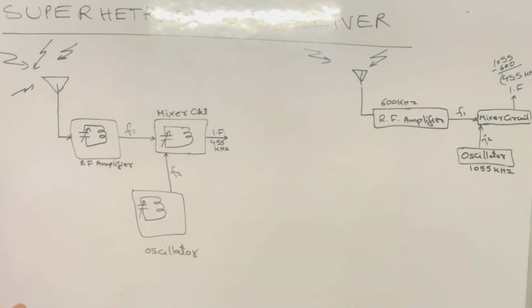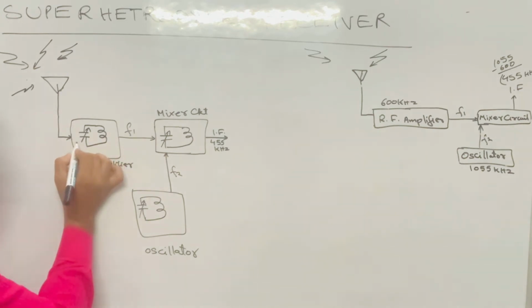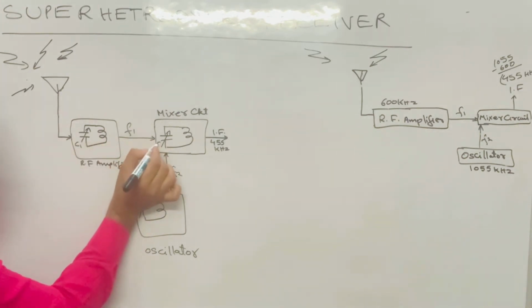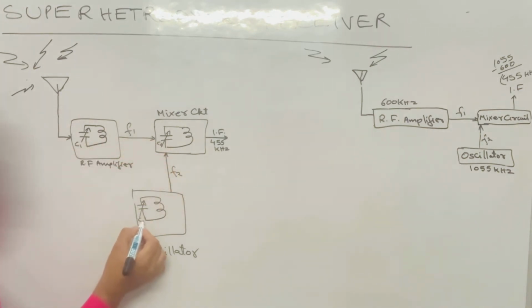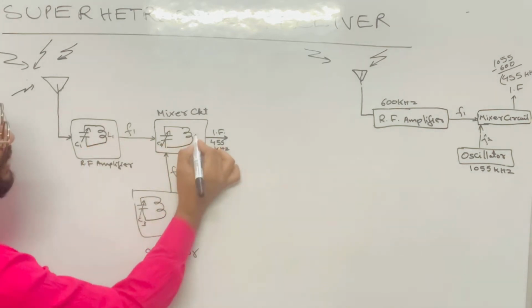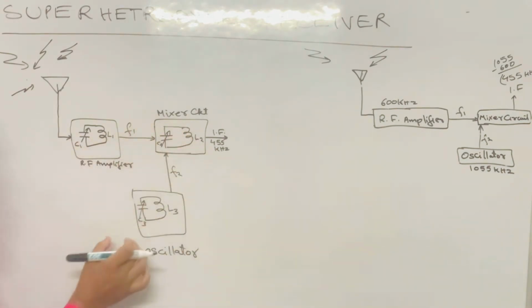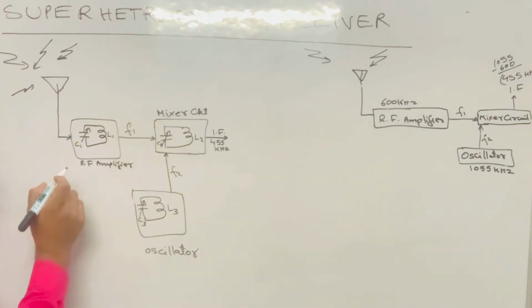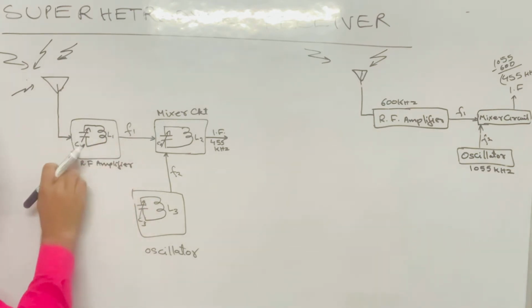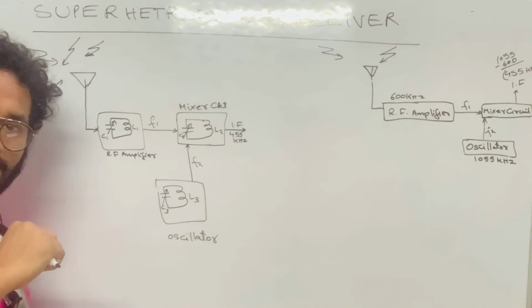Now I'll just rename these capacitors. Friends, suppose this capacitor is C1, this is C2, and this capacitor is C3. Likewise, this inductor is L1, this is L2, and this is L3. So we have these circuits. Now note, friends, all these three capacitors C1, C2 and C3 are connected together to a single rod.